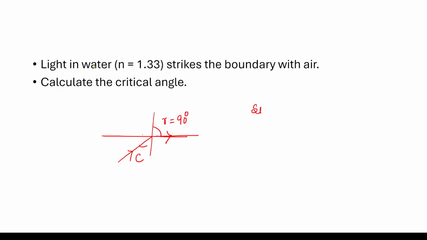So using sine C equals N2 over N1, second medium is air, first is water. Using calculator, my answer is around 48.8 degrees. So I'm going to write C as 48.8 degrees.